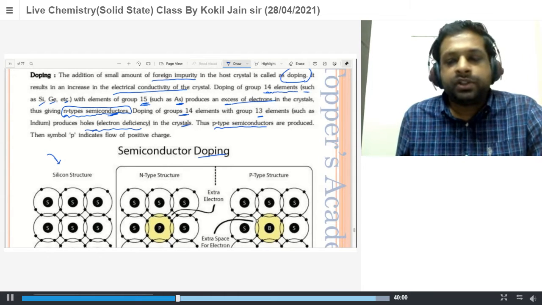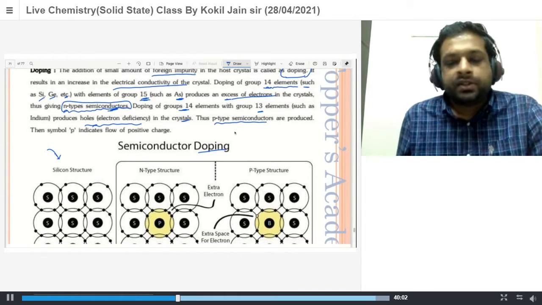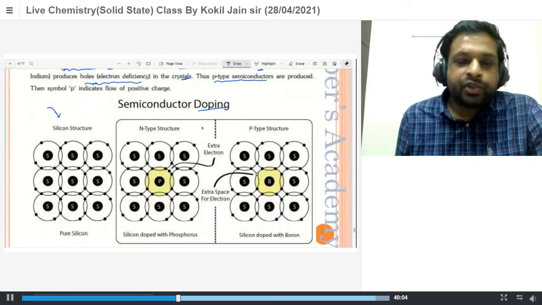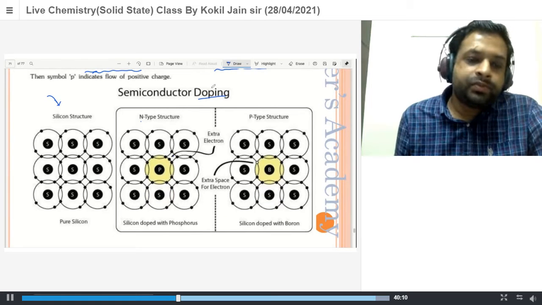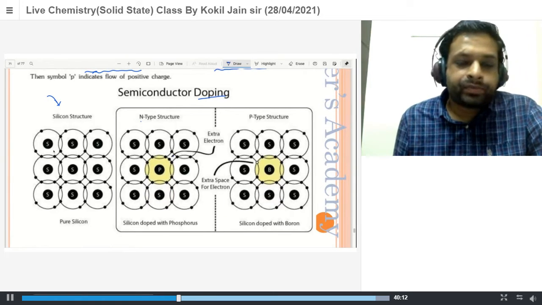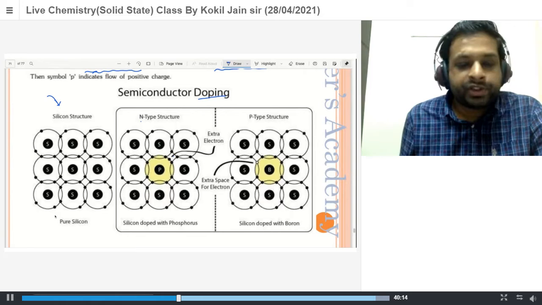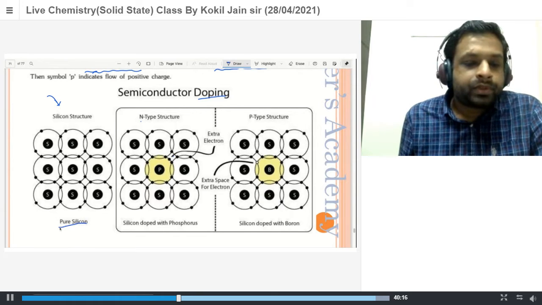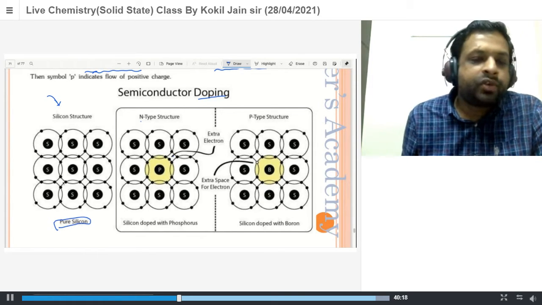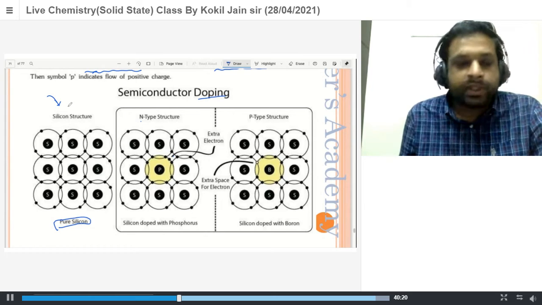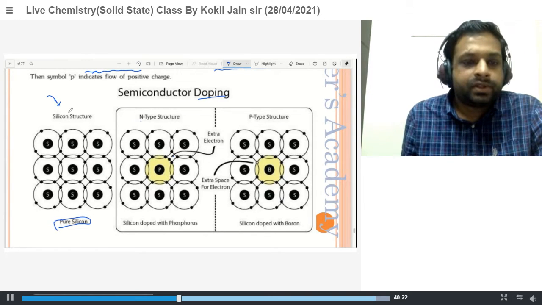Now you can understand this here when we are introducing an extra electron. See here, this was the silicon crystal structure here, pure silicon. This is how they are forming bonds here, covalent crystal type.